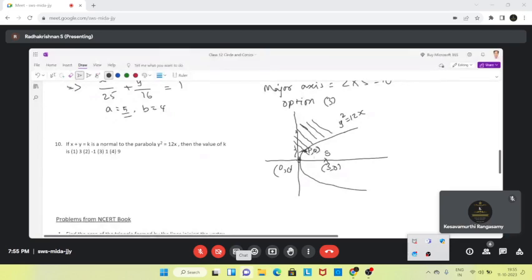Okay. So what is the condition for a line to be normal? Let's say this one is x1 comma y1.